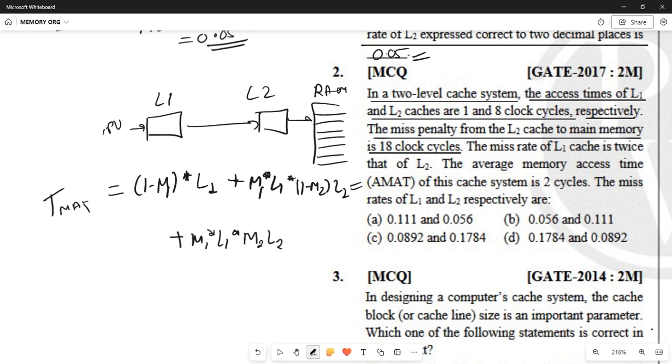So let's just put values here. The miss penalty of L2 cache to main memory. So what is the miss penalty of L1?